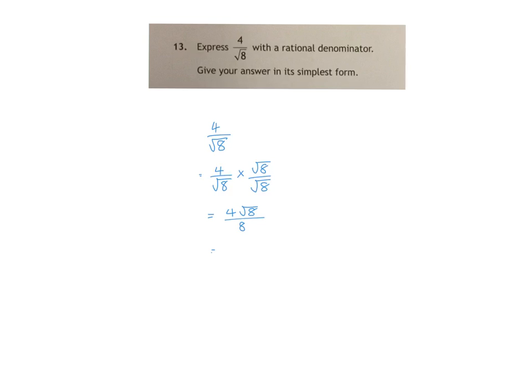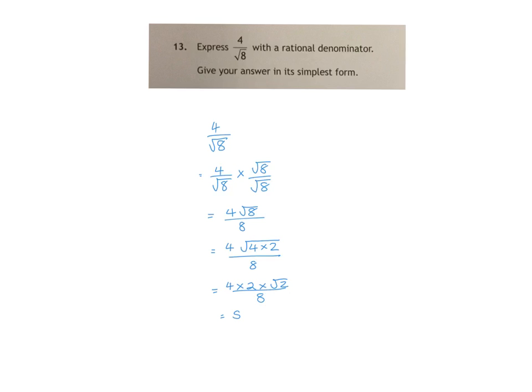So we need to now manipulate the surd to get it in its simplest form. So we've got 4 and then square root of 8, so that's going to be 4 times 2. Square root of 4 is just 2, so we've got 4 times 2 times the square root of 2 all over 8.